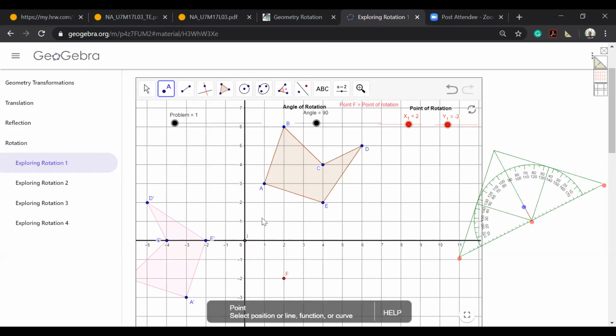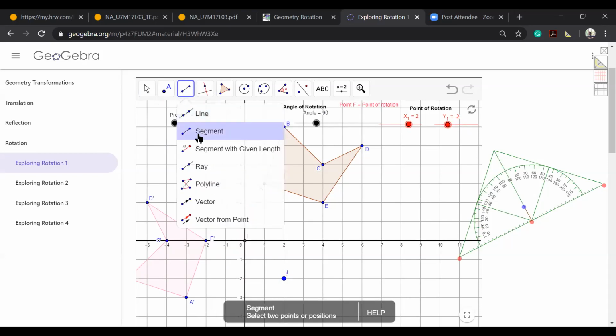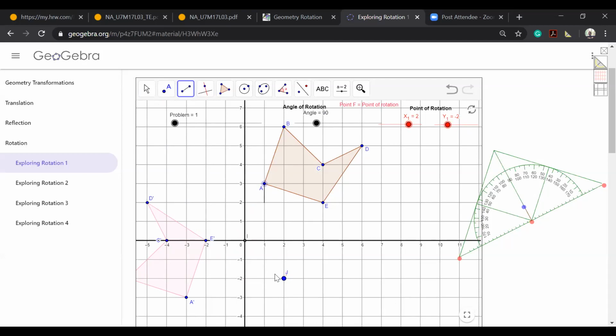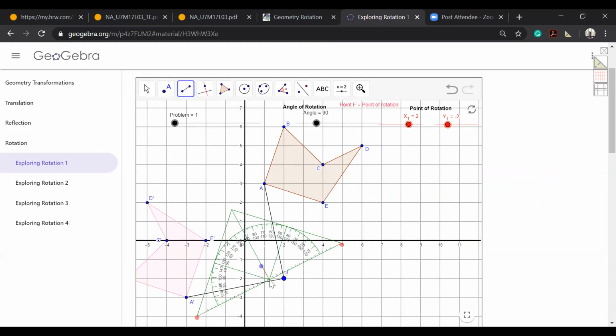What if I try to measure the new angles? Will they remain equal or not? They should remain equal, and equal to what? 90 degrees. We will see. Again, I'm going to draw a segment from here to here, and then from here to here. And then let's take our protractor and put the center on the center. This time I'm going to measure it from this line. It's easier.